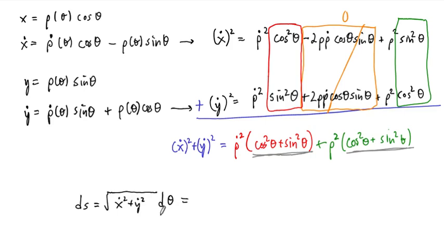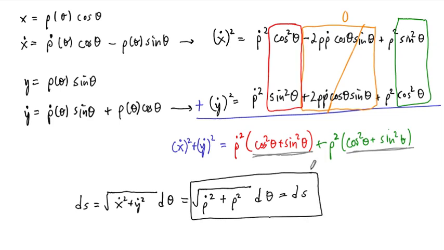We could always do exactly what we did, convert it into this polar parameterization and compute it, or what we end up with here, since these are 1, we lose everything but the rhos and the rho dots. So we end up with the arc length element as being the square root of rho dot squared plus rho squared, times d theta. And so this is our arc length element. Anytime we want to integrate something and find its arc length, this is what we're going to compute if it's a polar curve.